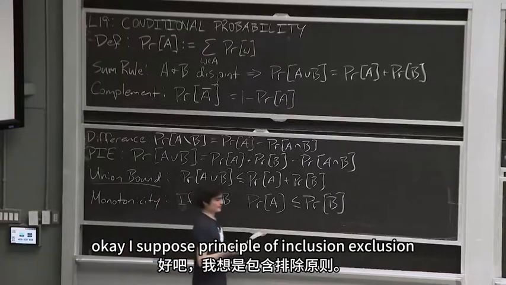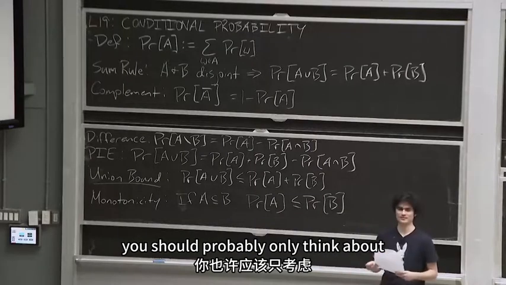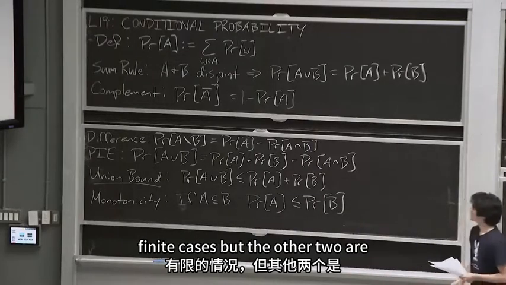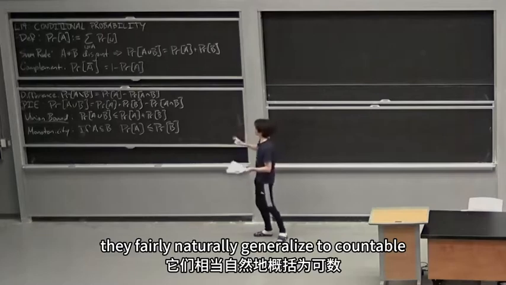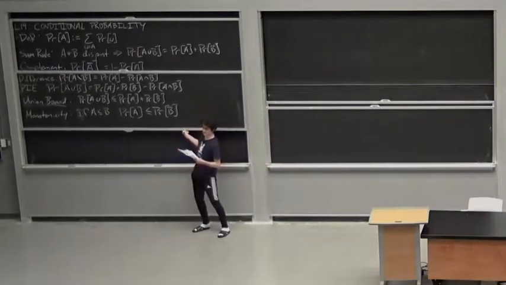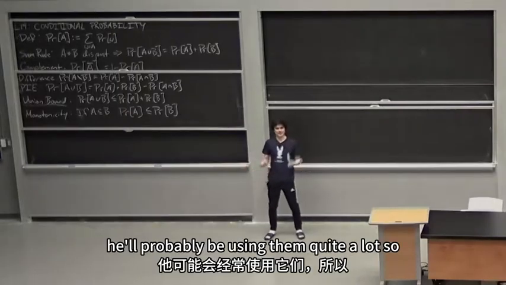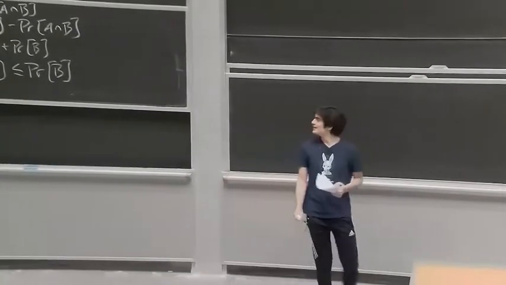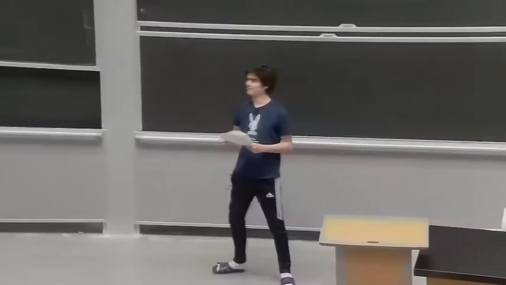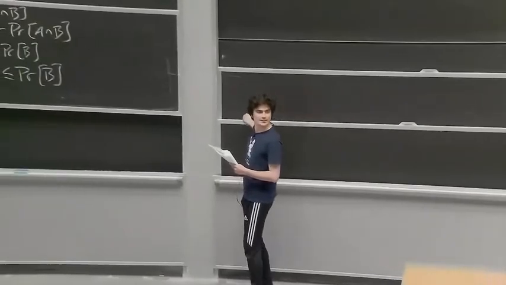Okay, I suppose for the principle of inclusion-exclusion you should probably only think about finite cases, but the other two fairly naturally generalize to countable sets of events. Do these rules make sense to everybody? You'll probably be using them quite a lot, so make sure you're familiar with them. Any questions?